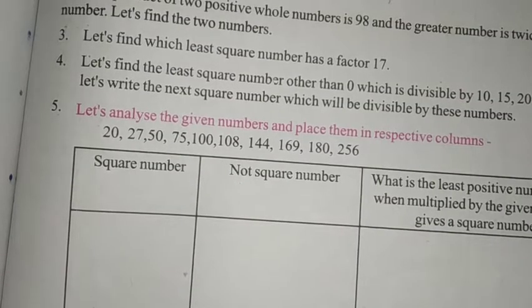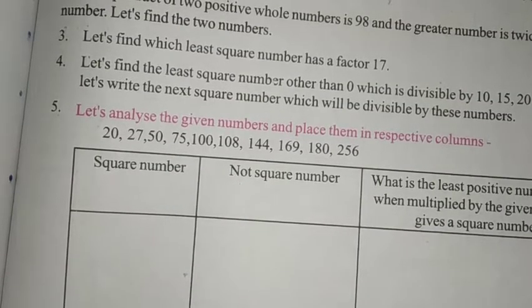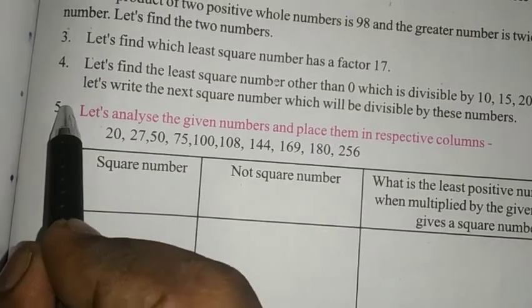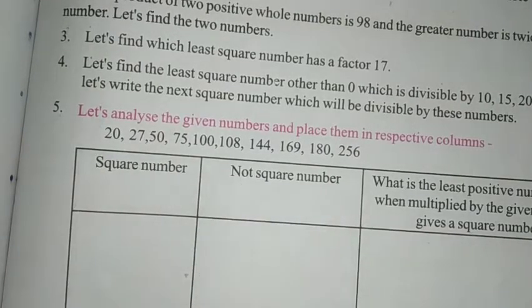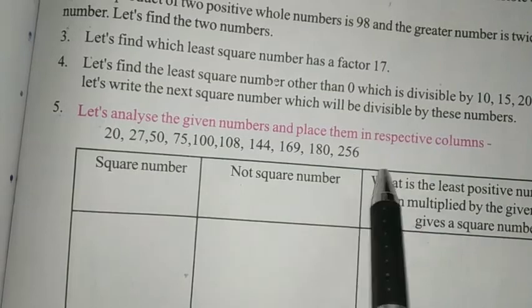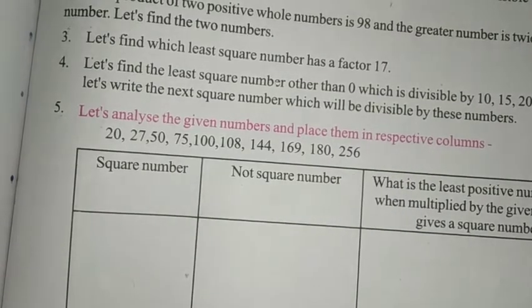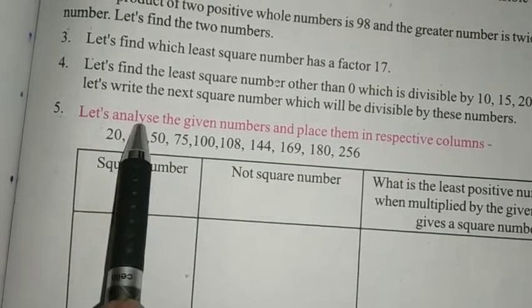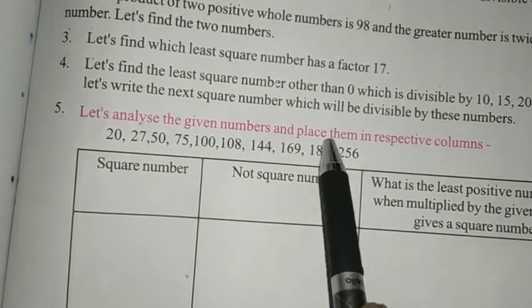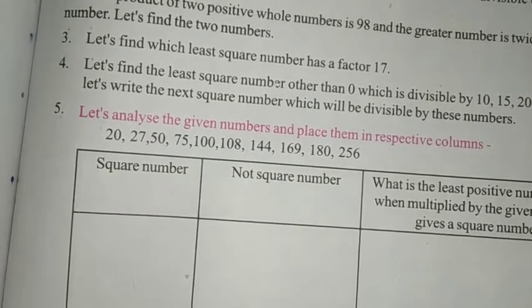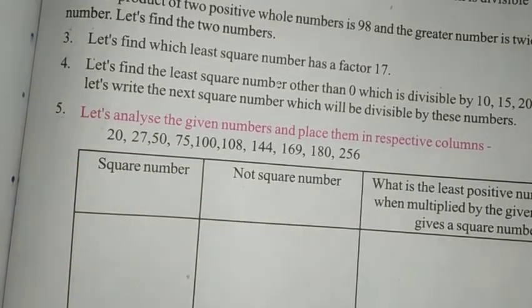We have solved question number 1 in the last video. Next, I am going to solve question number 5. I will show only 1 or 2 from here, and the rest of the problems you need to solve yourself. Here the question is, let's analyze the given numbers and place them in respective columns. So there are 2 columns mainly.